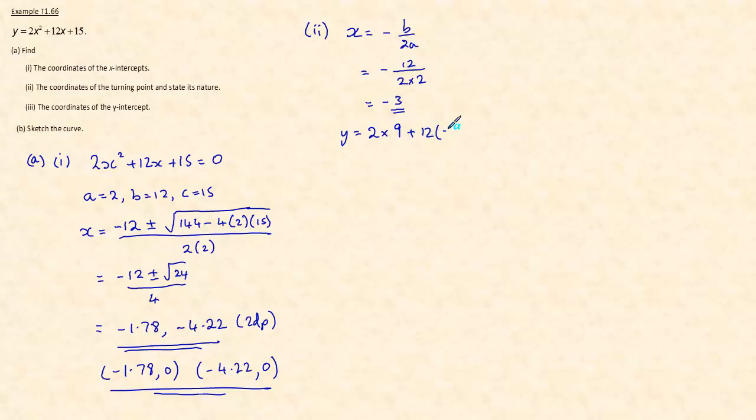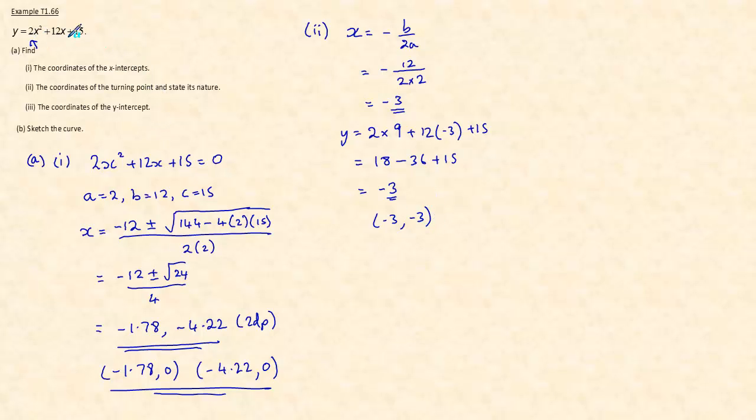Add 12 lots of negative 3, add 15. So that's going to be 18, take away 36, add 15, which gives me negative 3. So the turning point is at negative 3, negative 3.